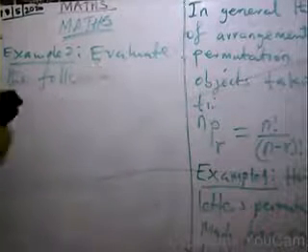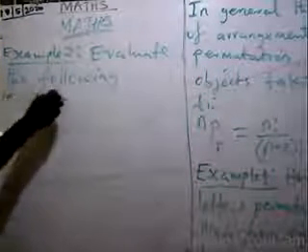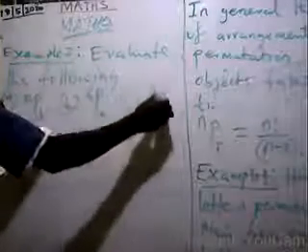A, you have 5 permutation 3. B, you have 6 permutation 2. C, you have 4 permutation 4. Don't forget, I forgot to tell you that 0 factorial is 1. Don't forget that.